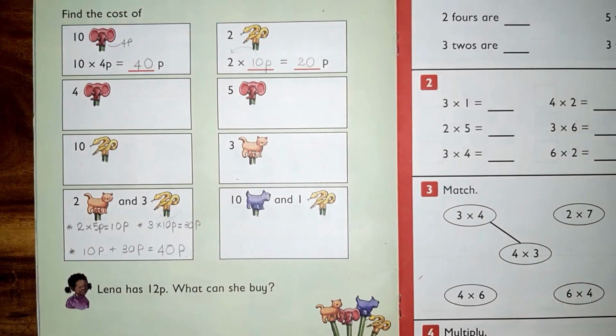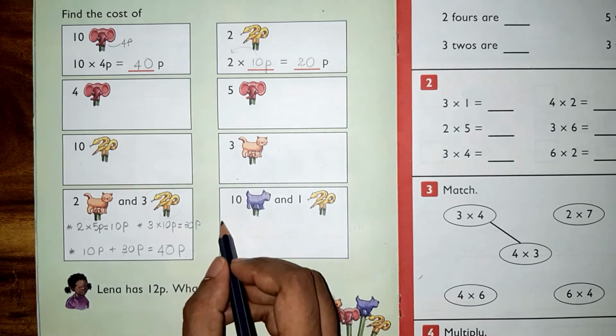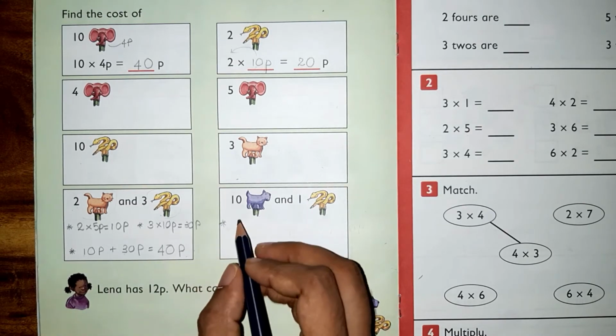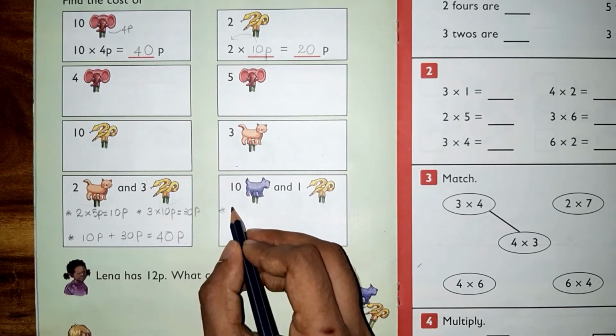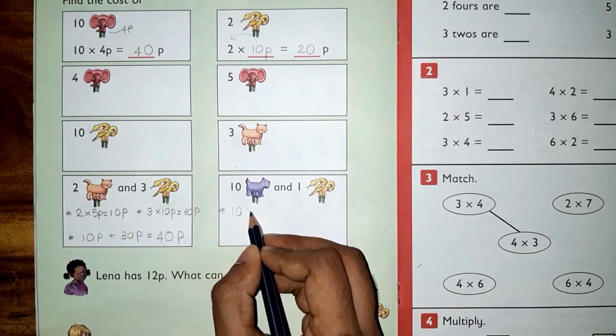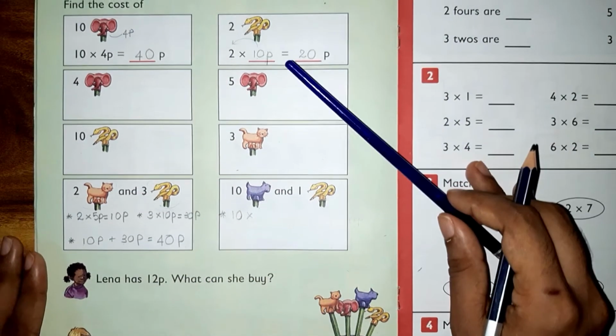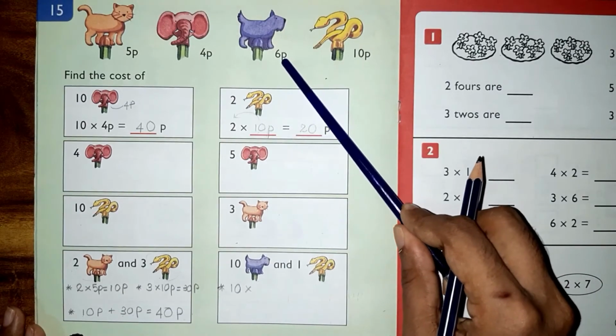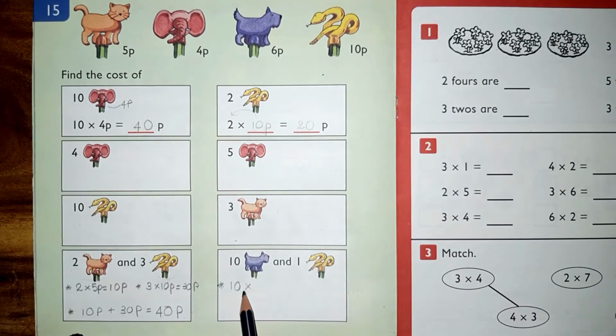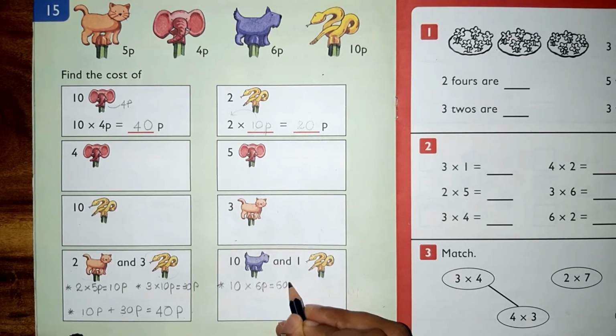Now the last one, you can see this child is buying 10 dog pencils and 1 snake pencil. Now let's count how much altogether. 10 times dog pencils, we know the price here, 6 pence. So 10 times 6 pence, the answer is 60 pence.